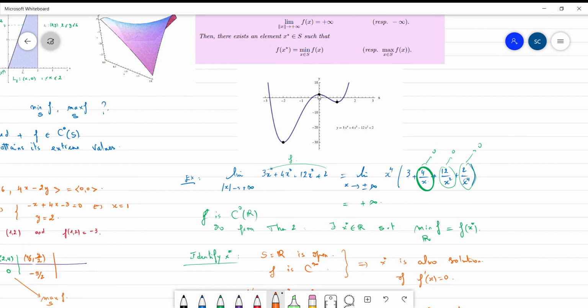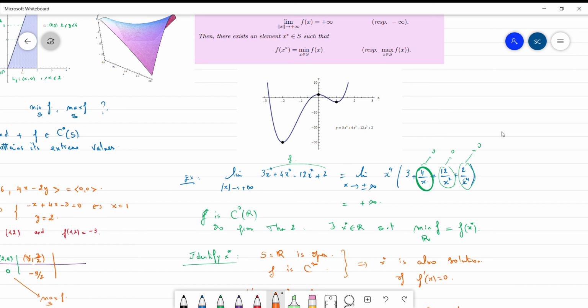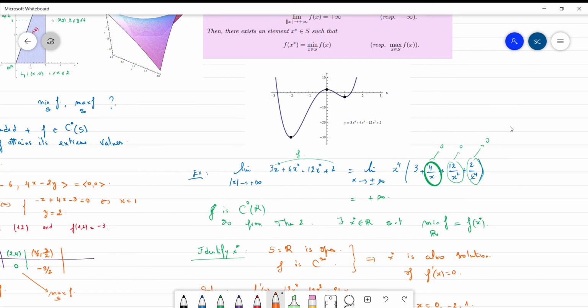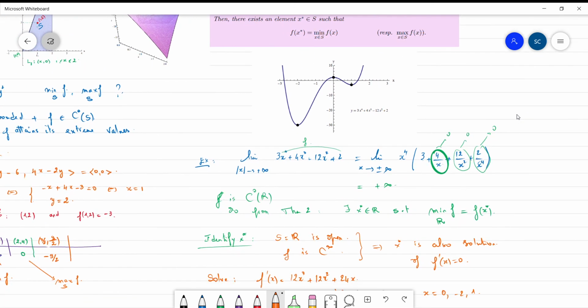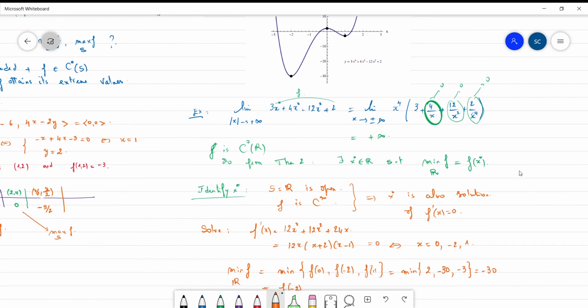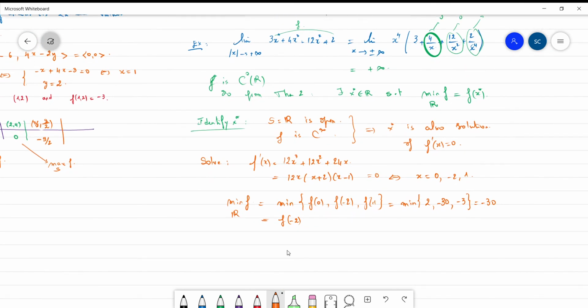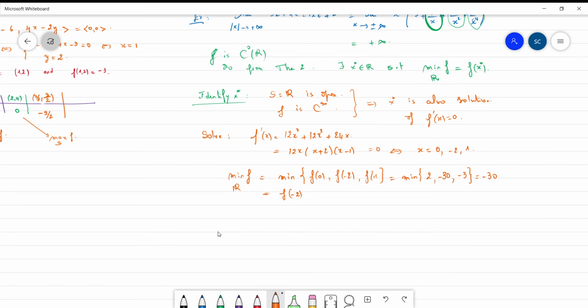They are local maximum and local minimum, we can check. But here our interest is the global optimal point, and if you look at your function, it doesn't have a global maximum.